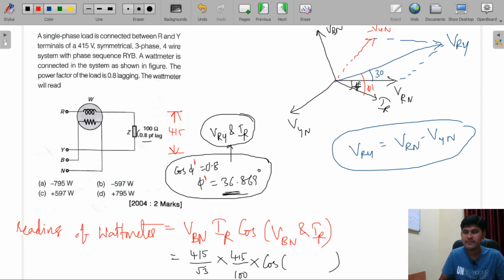Then what will be phi? Angle from here to here is 36.869. Angle between these two is 30. Then what is the angle between these two phasors? Phi is equal to 36.869 minus 30. We are going to get 6.869. Angle from here to here, phi, is equal to 6.869.